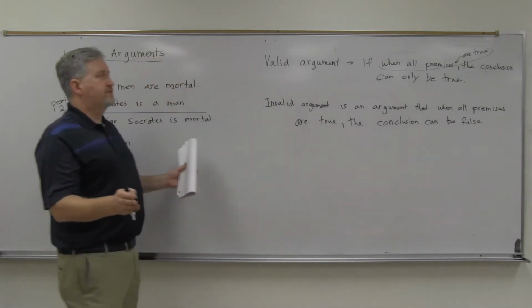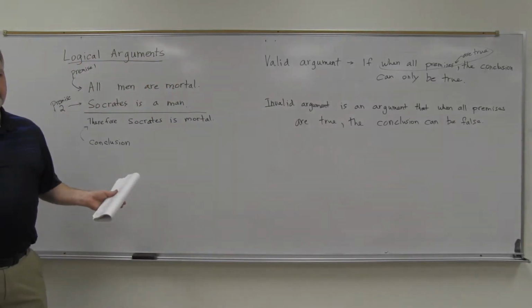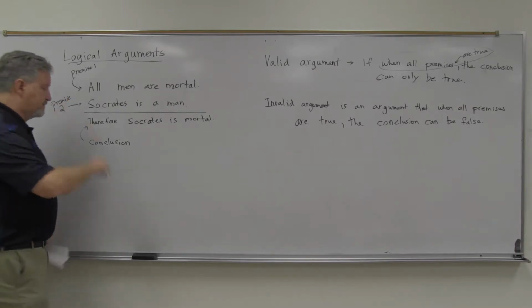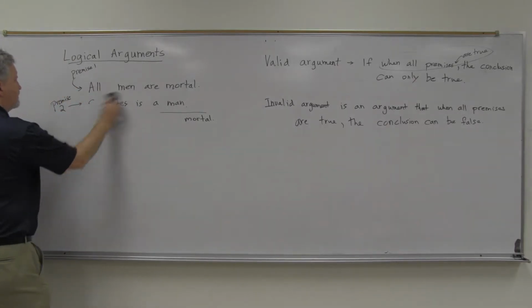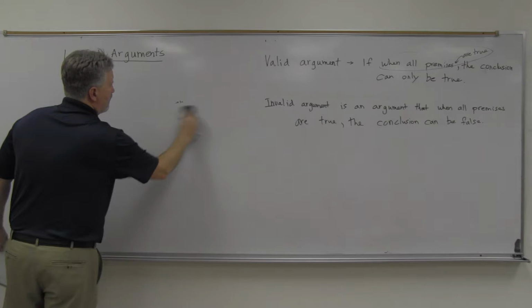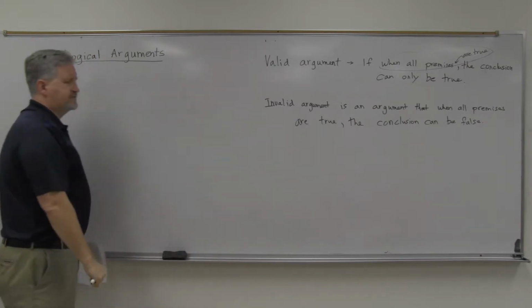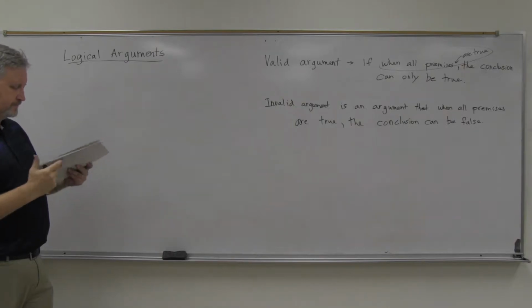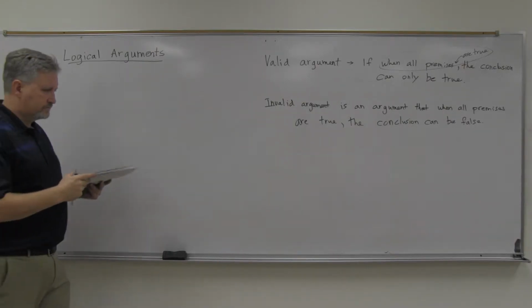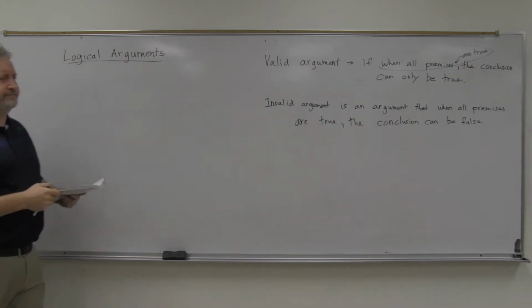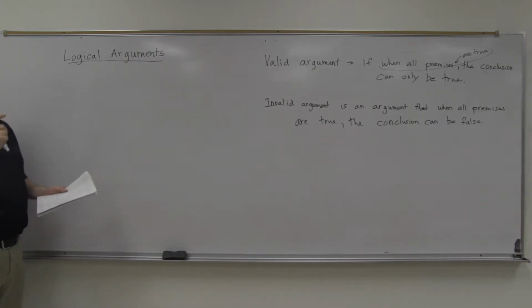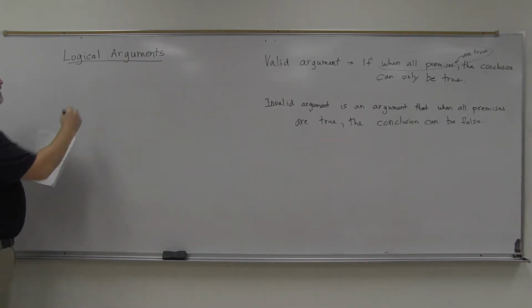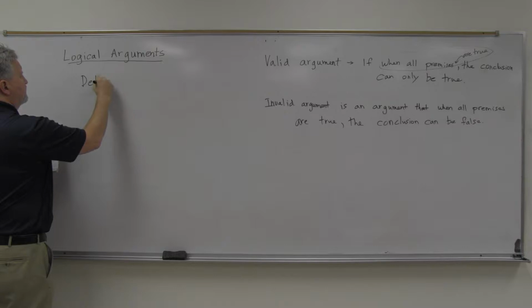The conclusion can only be true when all premises are true. That's how you get a valid argument. All right, with that in mind, let's test validity of some arguments. What we're going to start with is determining validity with the truth table.